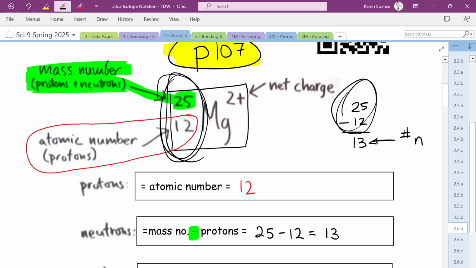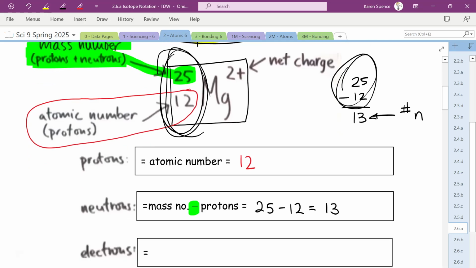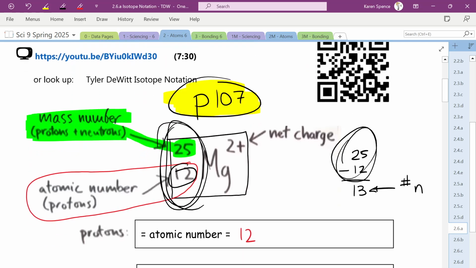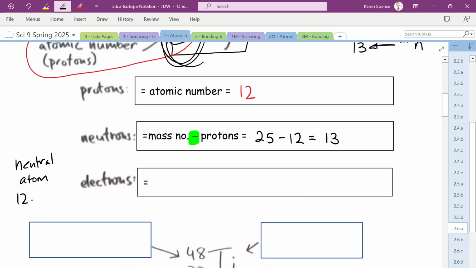Yeah? Now, electrons. We know that in a neutral atom, we have 12 protons, which means we also have 12 electrons.